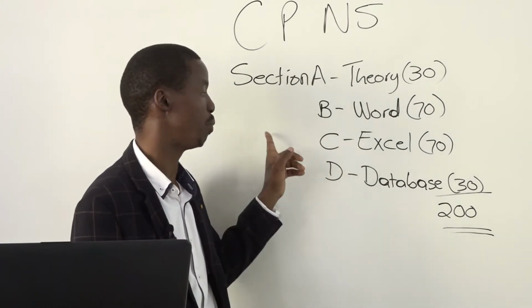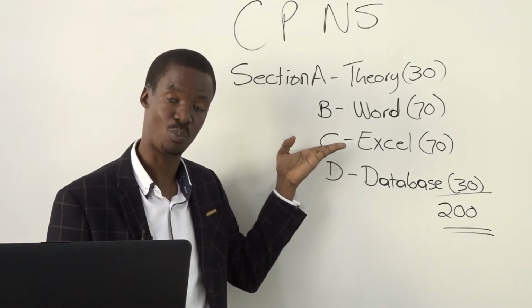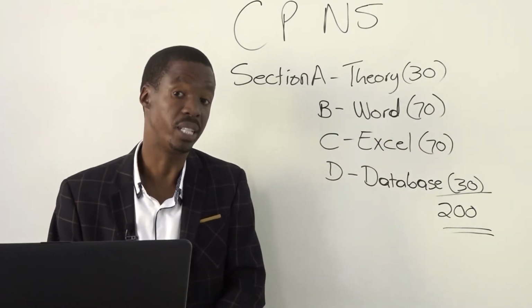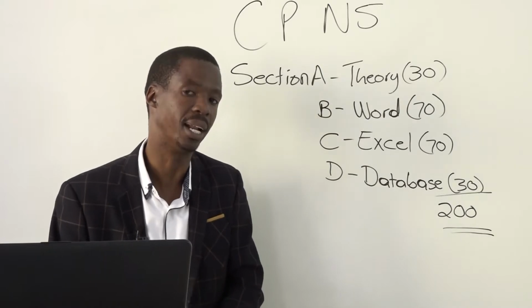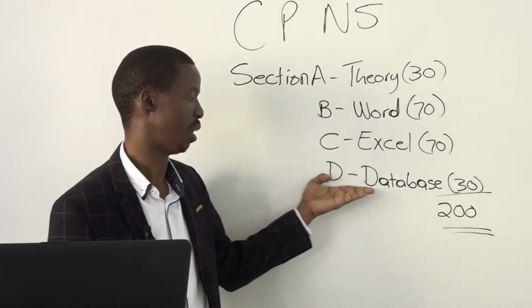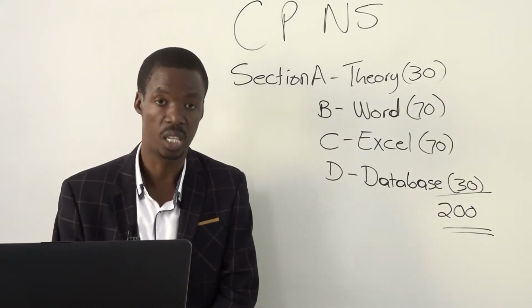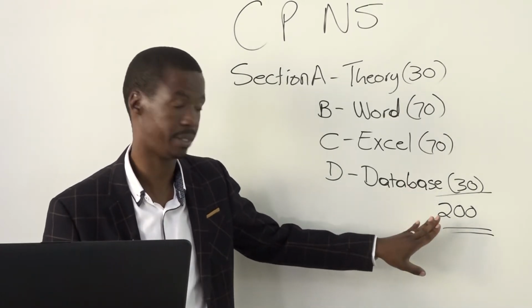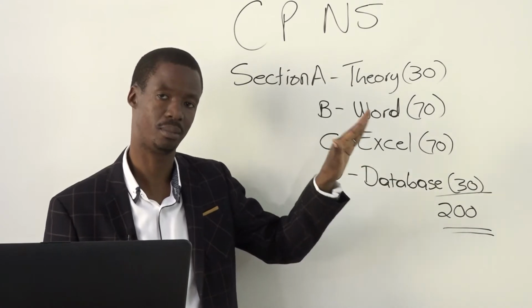And then we have section C, which is your Excel, and it contributes 70 marks of your final exam. And then lastly, section D, which is your database. The whole exam is 200 marks.